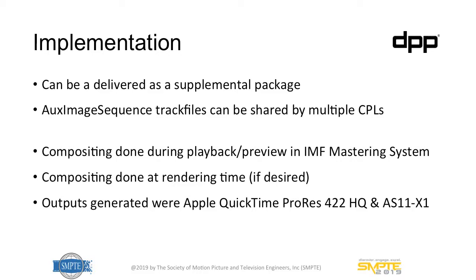So what we did here, we generated two different kinds of outputs, a ProRes file, of course, and an S11X1, which is the format of choice for the English broadcasters in UHD.